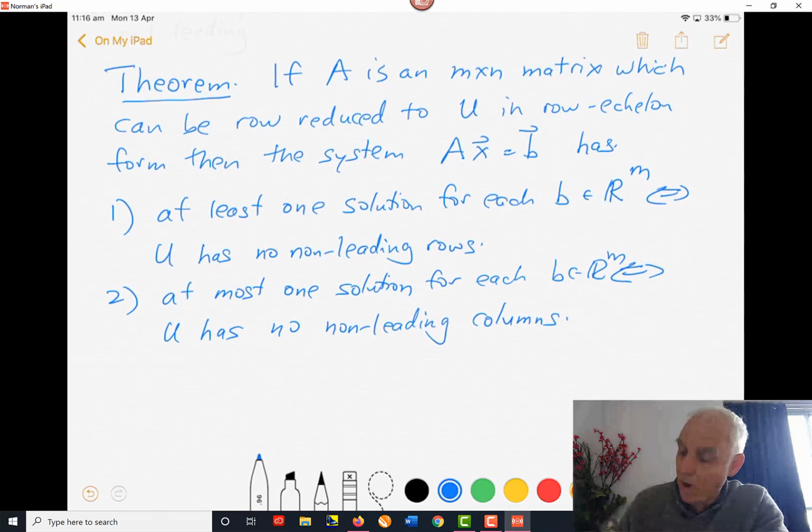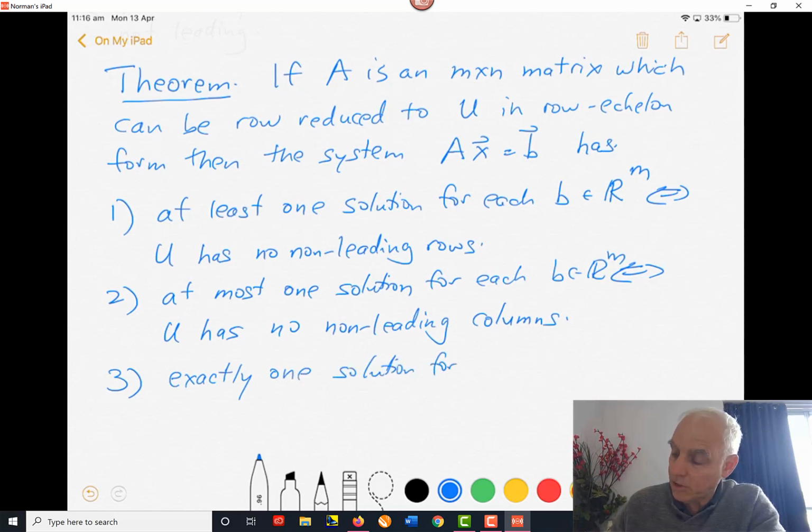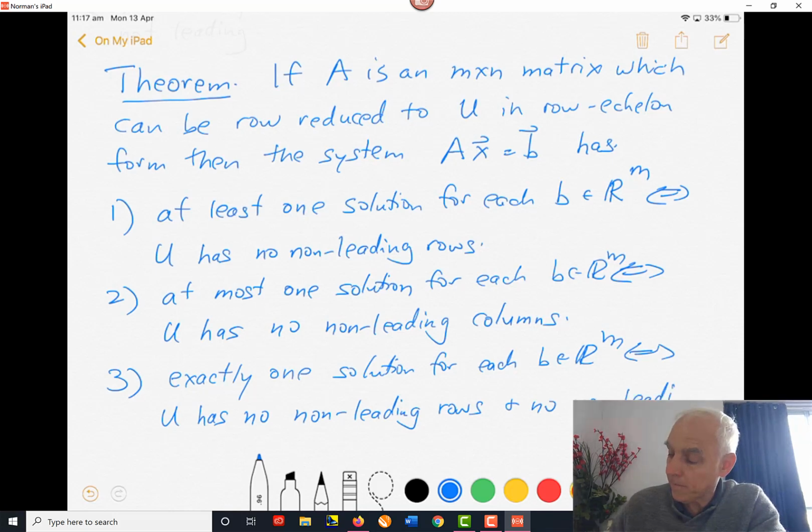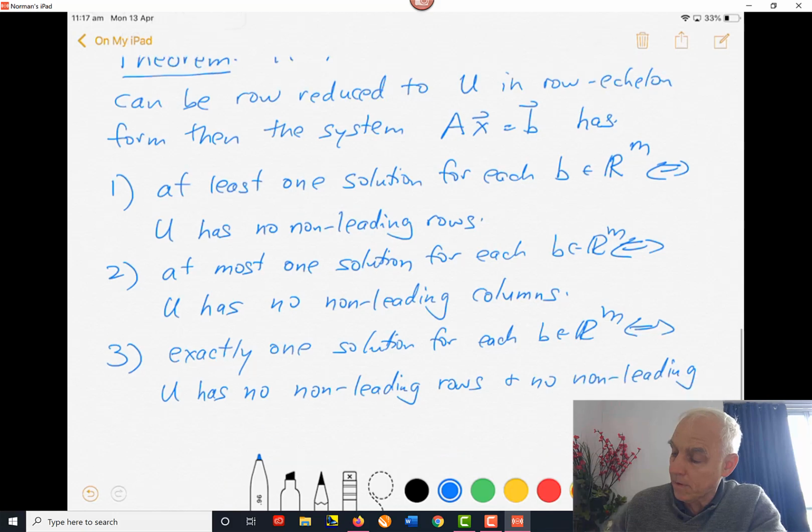And exactly one solution for each B in Rm, precisely when U has no non-leading rows and no non-leading columns.